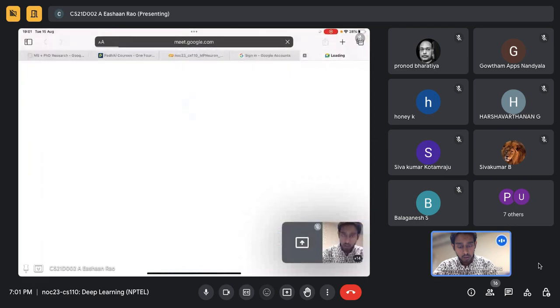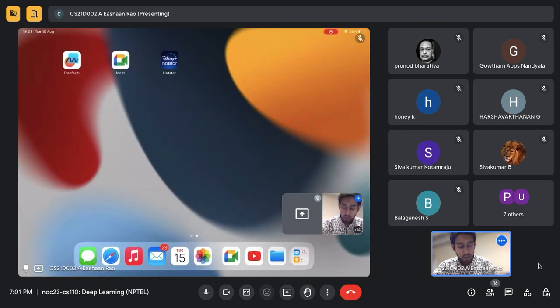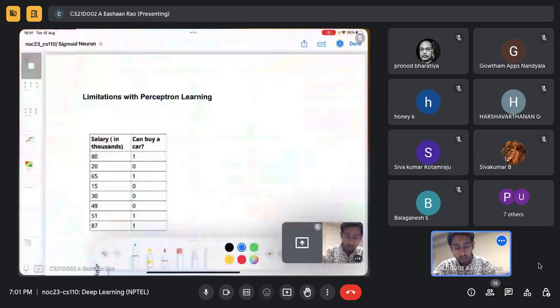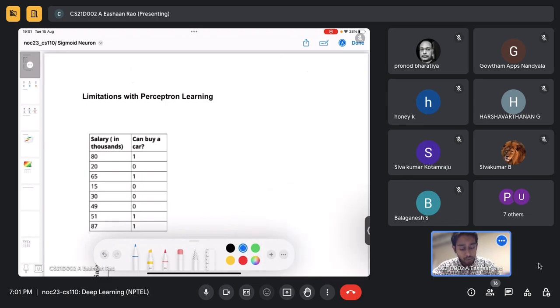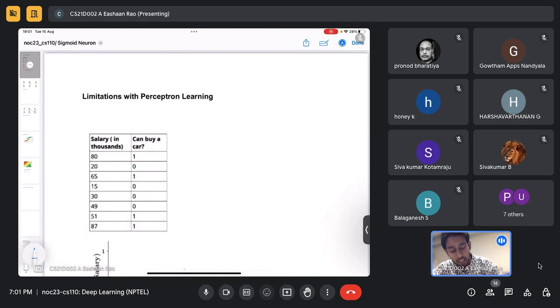Before going to sigmoid, from the perspective of the perceptron, which is basically a basic learning, and jumping to the sigmoid neuron, everything will be based upon that, right?